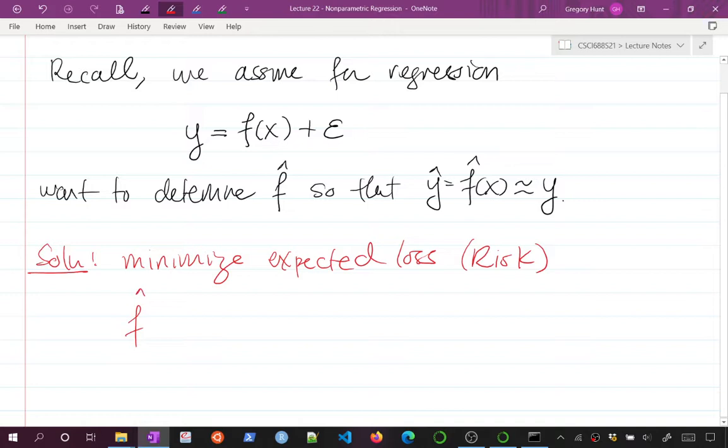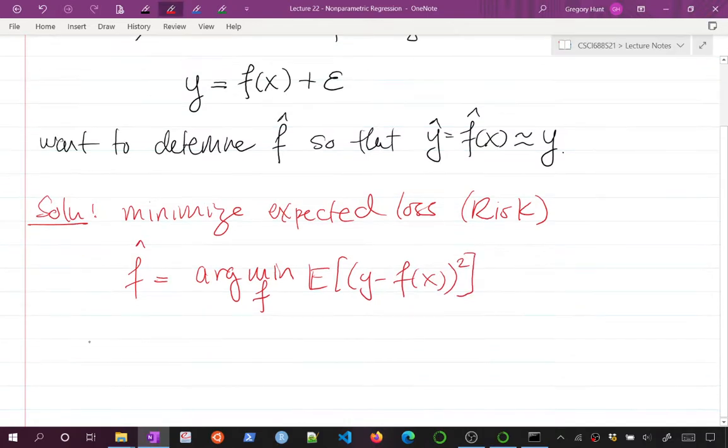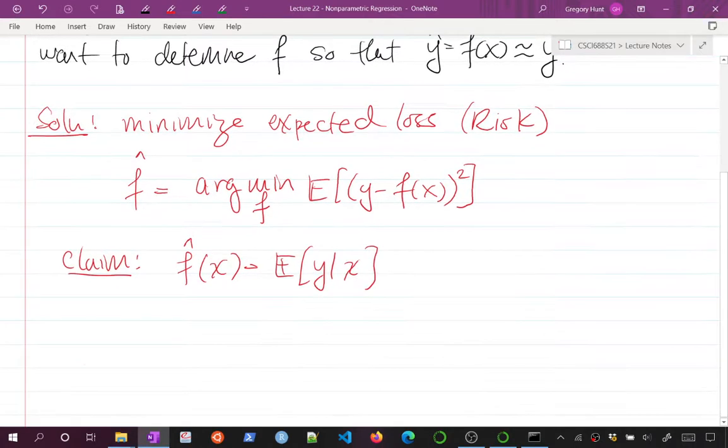And so we would choose f hat to be the f that minimized, say, the expected value of y minus f of x squared. And our claim way back was that f hat of x is just going to be the expected value of y given x. Let's just write it that way, simply.